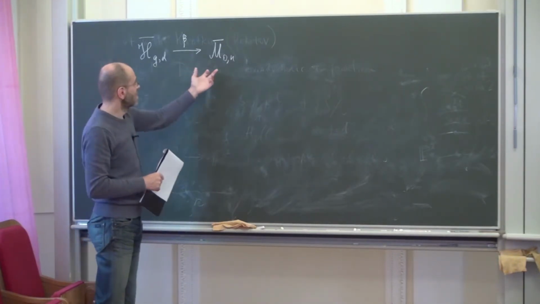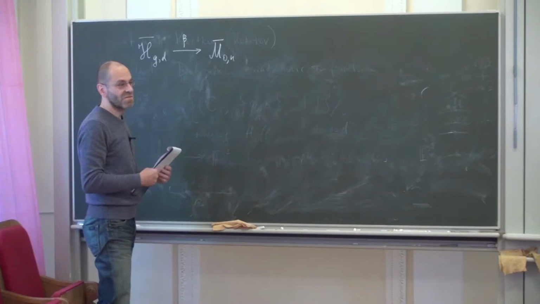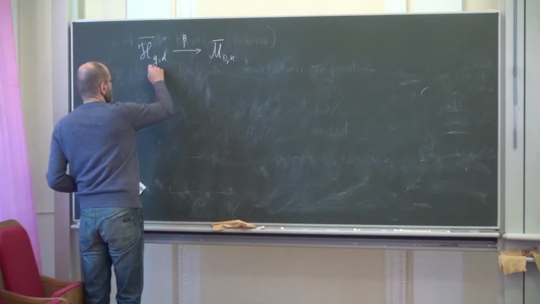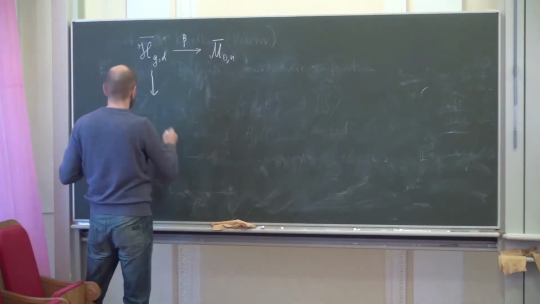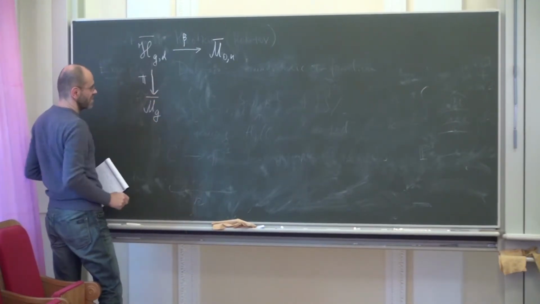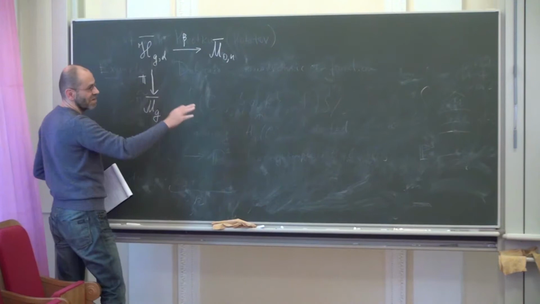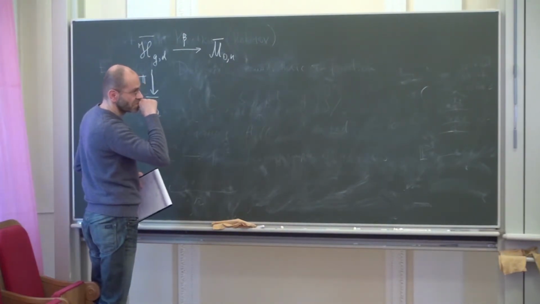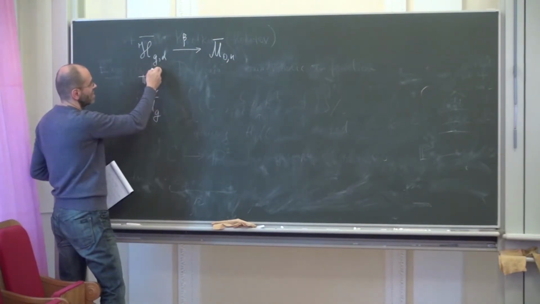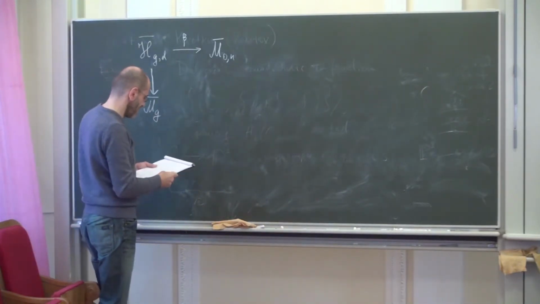The image is just the collection of critical values up to isomorphism. And there is also a forgetful map pi to the Deligne-Mumford compactification of the modular space of curves. We just forget about the meromorphic function and keep track only of the curve itself. So this space comes with two natural projections.